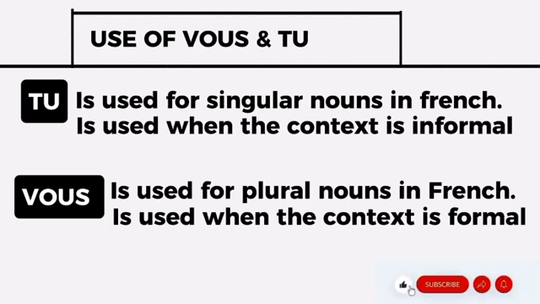Vous is mostly used when referring to people in higher ranks like the president, your bosses, your father, your teacher, and so many others. But tu is used when referring to people in the same rank as you, like your friends and your classmates.